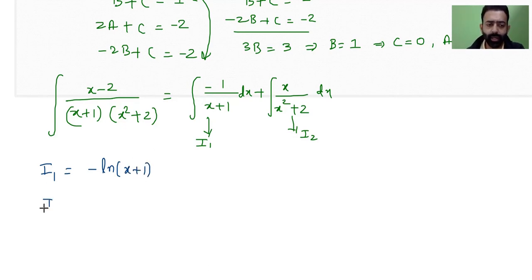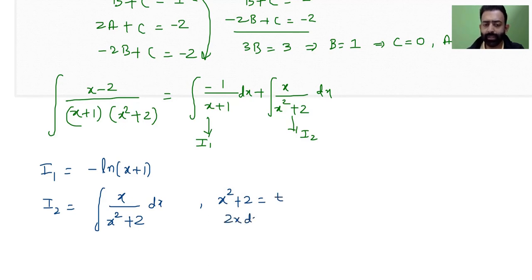And then I have I2. I was talking about this I2, that how to integrate this x over x square plus 2, right? If there is no x here, how we can directly write this x square plus 2? Yes, there is another question that we will discuss later on. But here you can simply use the substitution x square plus 2 as some variable t.